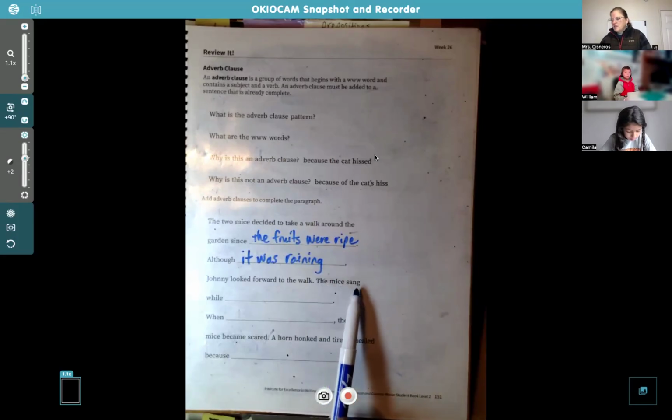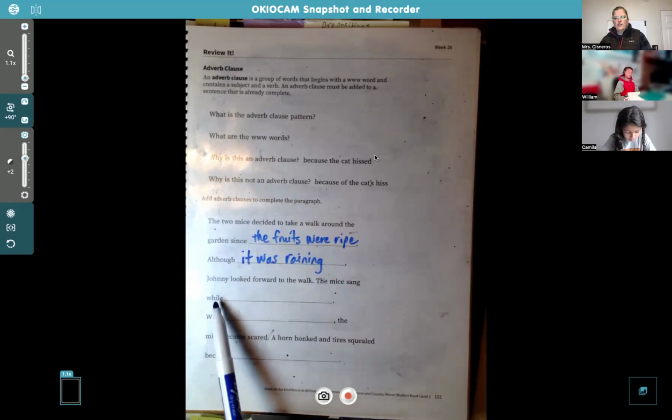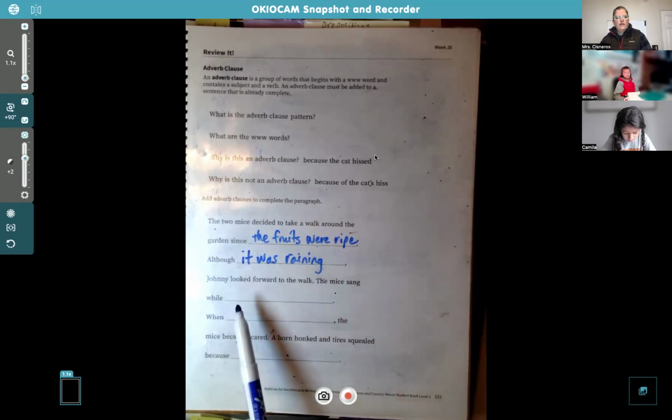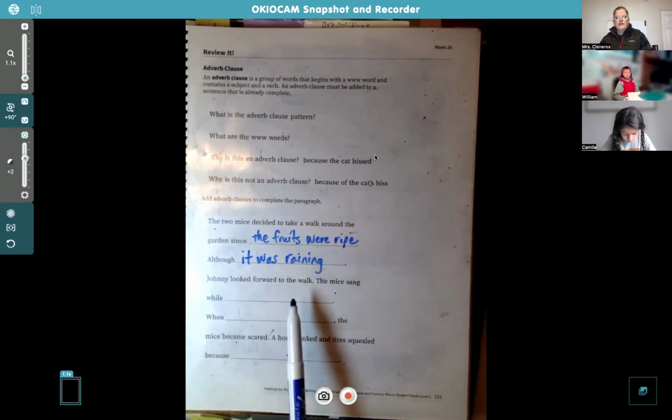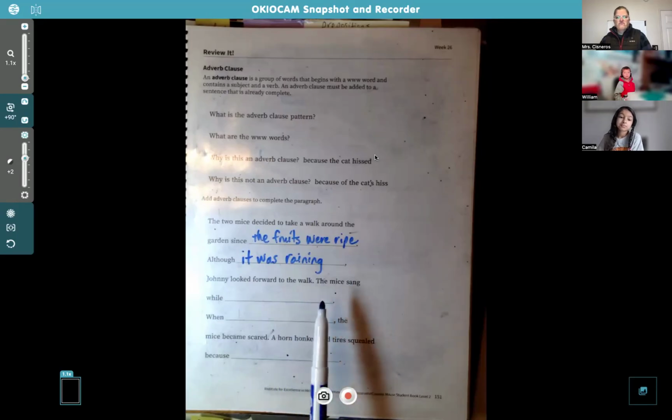The mice sang while blank. So we have the Asia word while. We just need another subject verb pair here. So the mice sang while the cat ran by or something, or the mice sang while the something. What else happened here? You can unmute and say it.